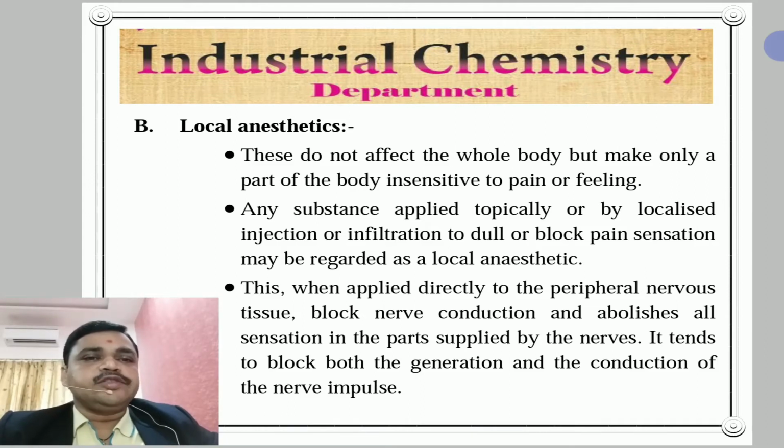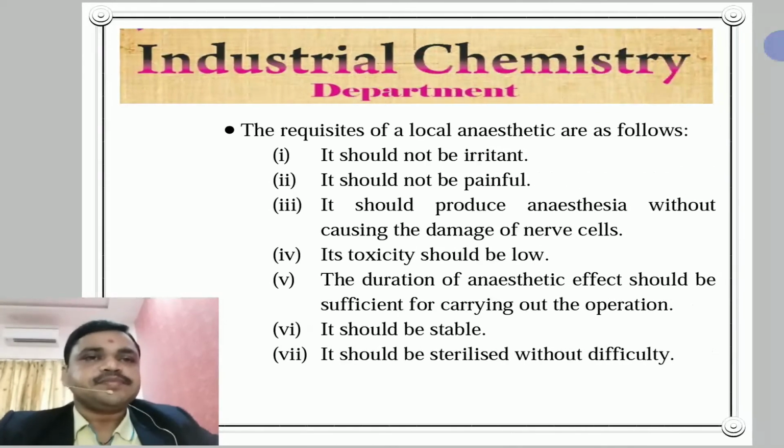It tends to block both the generation and the conduction of the nervous impulse. The requisites of local anesthetics are as follows. Here some points are stated which are the requisites of local anesthetics.